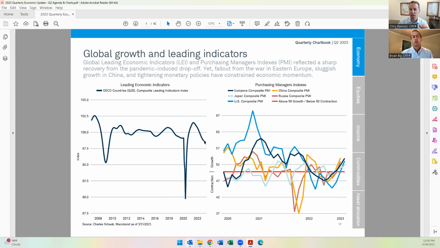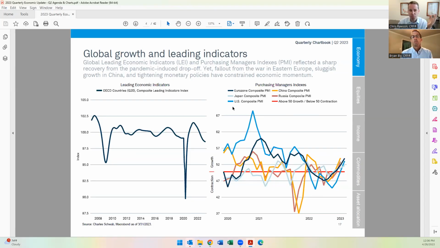We see some of the leading economic indicators coming down, although when you focus in this area, the purchasing managers index, if you're above 50, it's an indication that things are growing. We're getting two different bits of information here, because in the dark blue, you see the Eurozone and Japan.